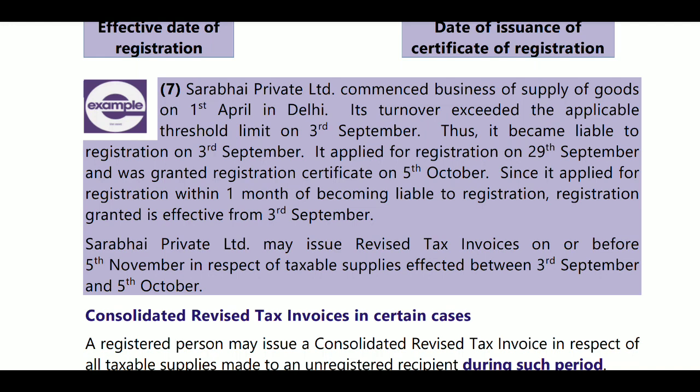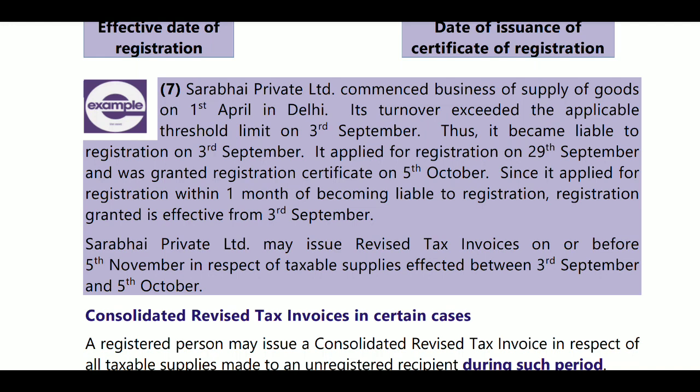Within 30 days, it is required to make the registration application. From 3rd September, within 30 days, it applied for registration on 29th September, so it applied within the specified time, and was granted the registration certificate on 5th October.